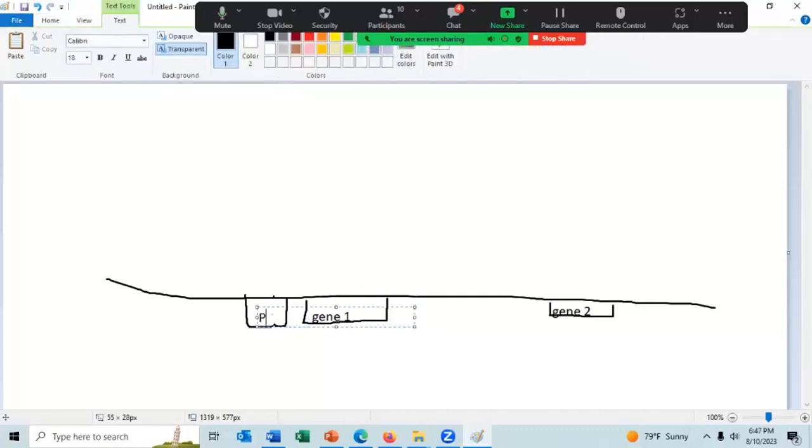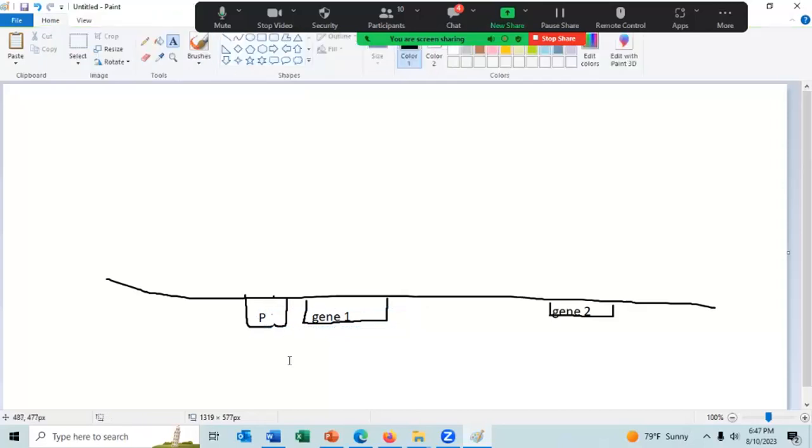The promoter's purpose is that it codes for the binding of the RNA polymerase. The RNA polymerase will bind here and then move down the DNA, transcribing it. Yes, a little bit of DNA is transcribed before the gene, but it's only a little bit. I don't know how many nucleotides, but it's not very much.